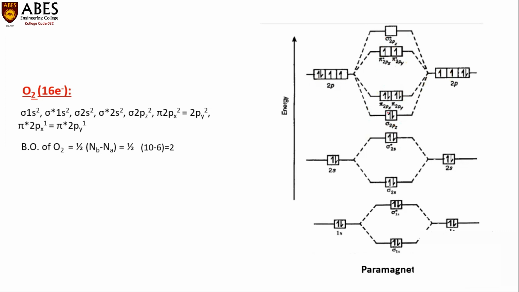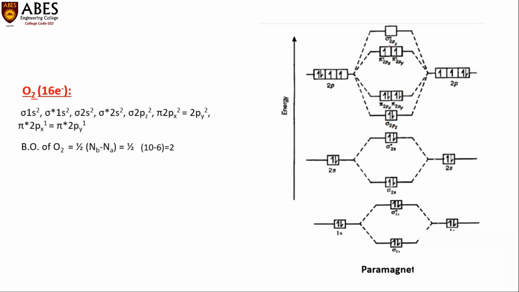So first in the pz orbital, one electron will combine from this atom to this atom and it will be paired up. After that, the pi 2px and pi 2py orbitals will pair up. After the pairing of these electrons, the remaining electrons will go to the anti-bonding orbitals of pi x and pi y.